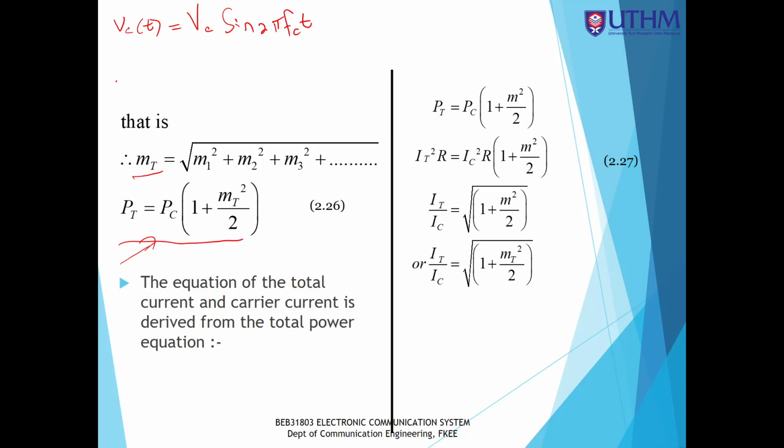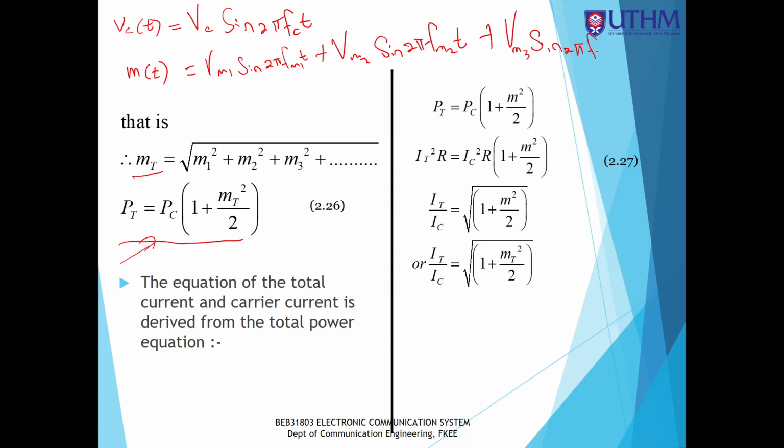And then we also give the input message, which is mt equal to Vm1 sine 2 pi Fm1 t, plus Vm2 sine 2 pi Fm2 t, and then Vm3 sine 2 pi Fm3 t.